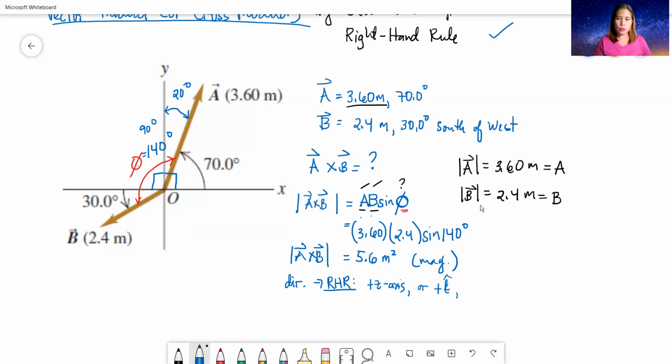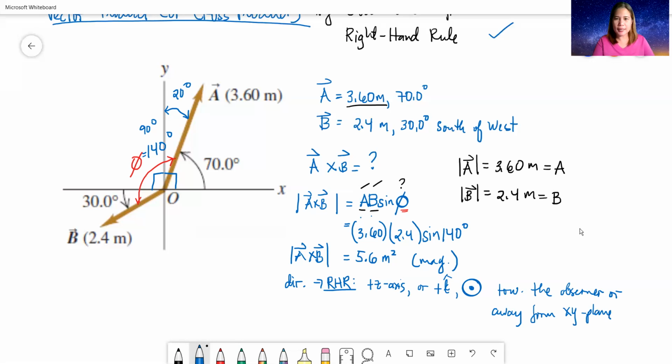Or I can also use this symbol, which I discussed in my other video, which means that the direction is towards the observer. In this case, towards me, the observer, or away from the surface where A and B are lying, away from the XY plane.